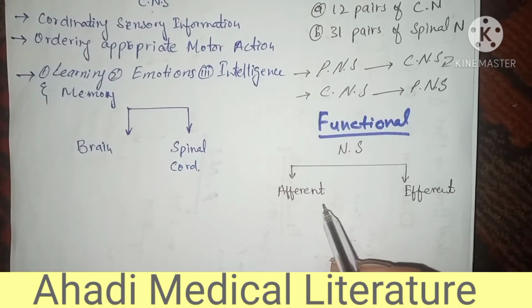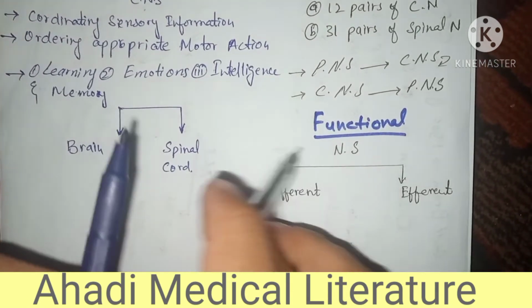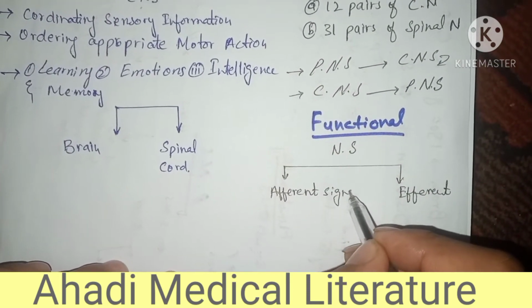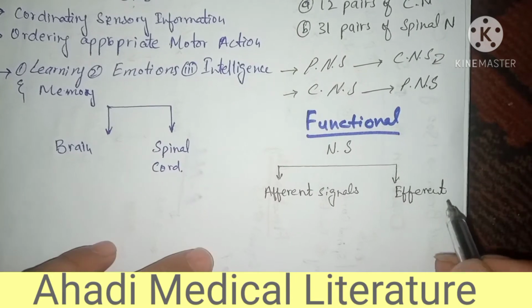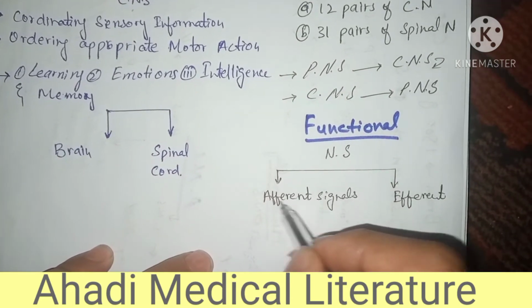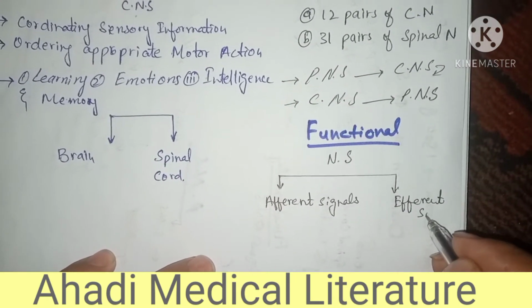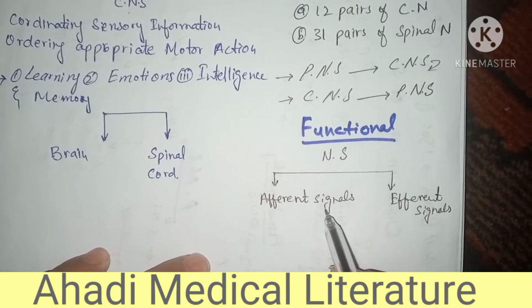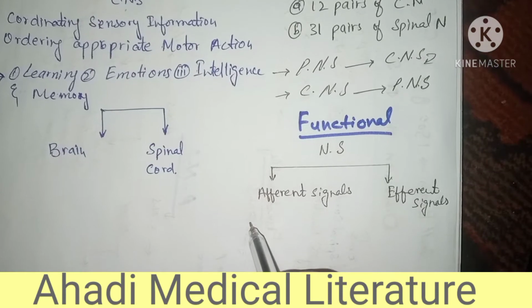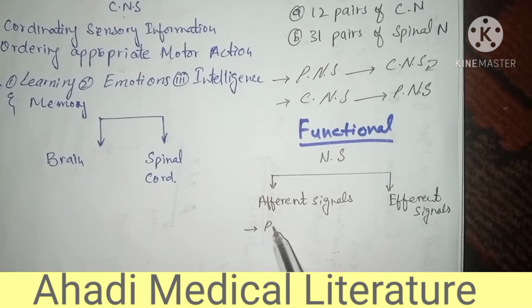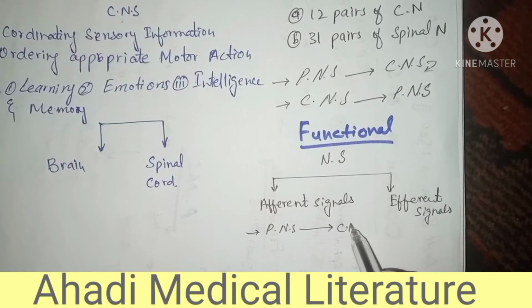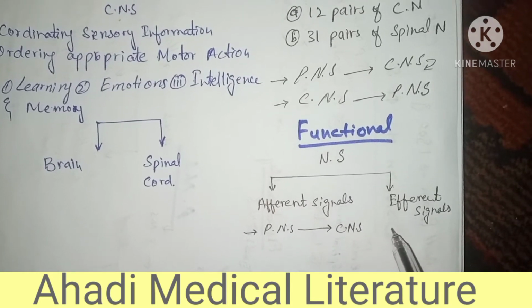The afferent signals take information from the peripheral to the central nervous system.